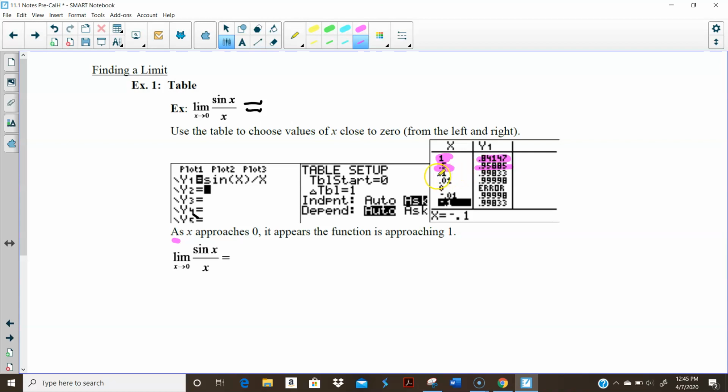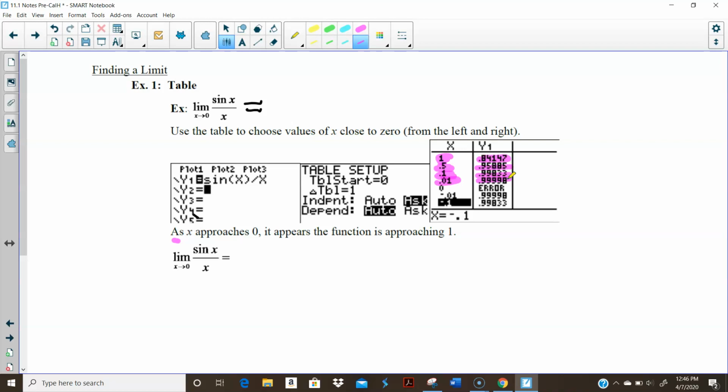When I move even further left towards 0, 0.1, I get 0.99833. And what happens when I put in 0.01? I get 0.9998. So you can see how close, the closer x approaches 0, the closer y is approaching the number 1.